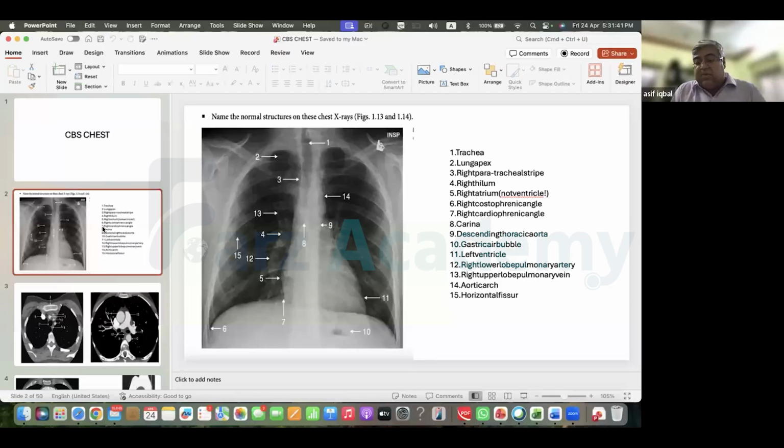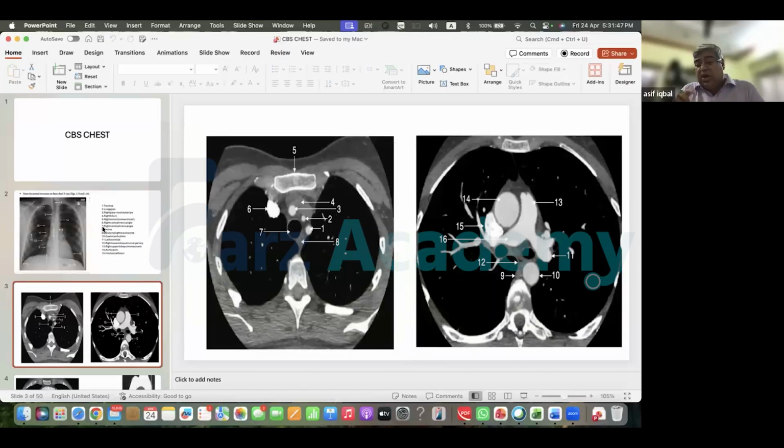Similarly, in the CT scan you also have to have the knowledge of the anatomical landmarks on the CT, so you can identify, because when you describe any lesion, you have to describe its anatomical position. More importantly, you have to know whether this film is a contrast film or a non-contrast film, and if a contrast film is given, then you need to remember the pathologies and know the contrast exposure.